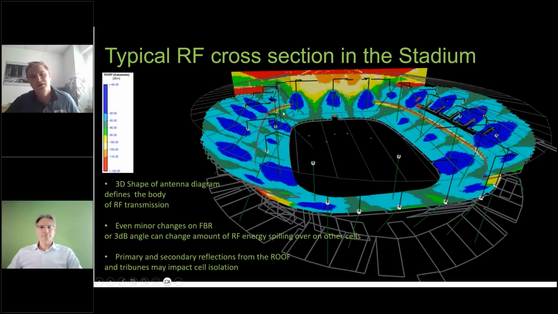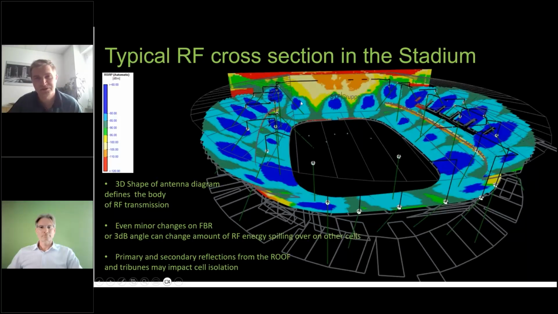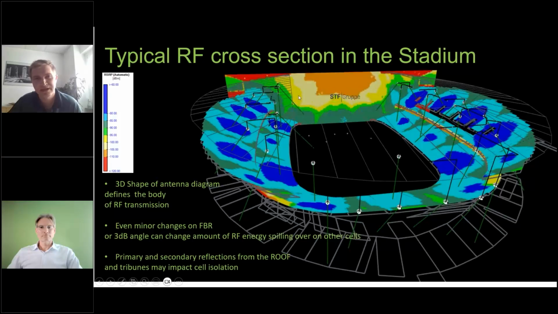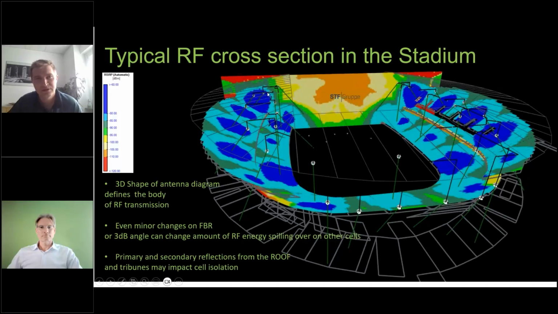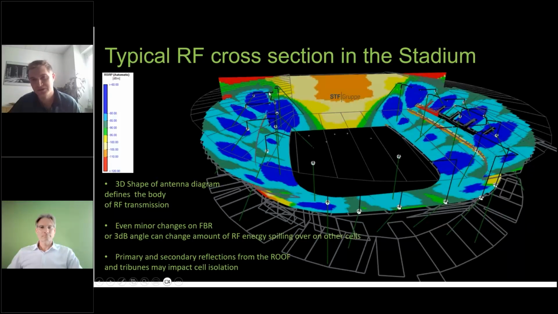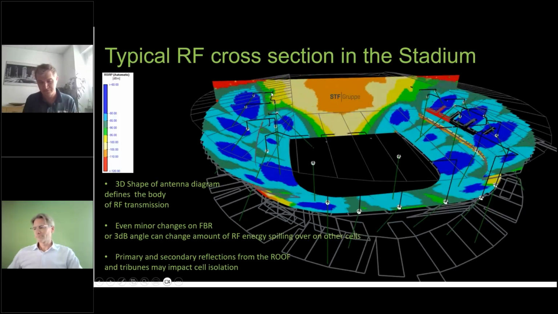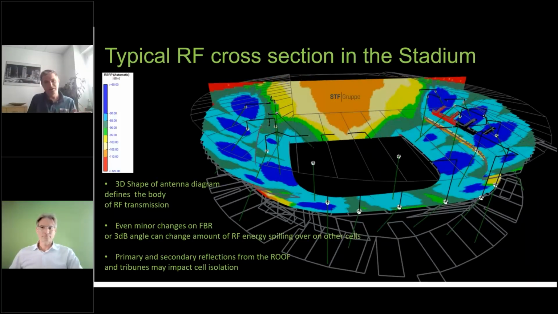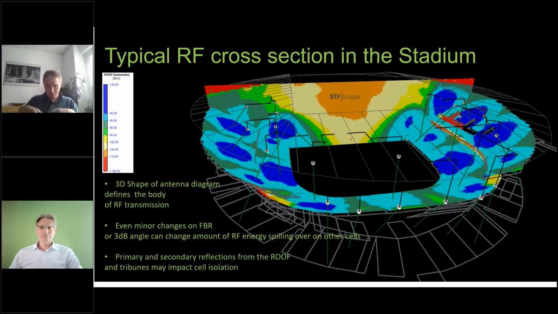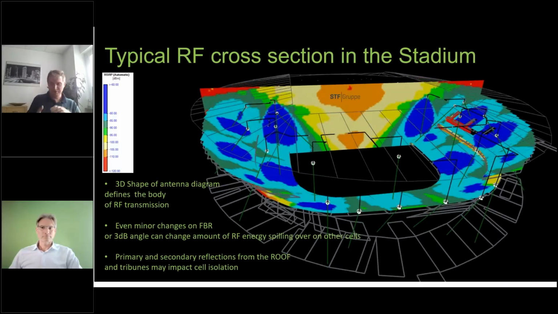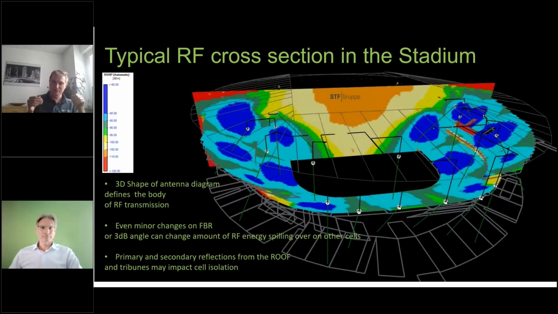So if you have something like catwalks or some metallic stuff coming inside of this blue area, of course it can trigger even more reflections, and those reflections can trigger even weaker isolation, and everything all together limits our signal to noise ratio.